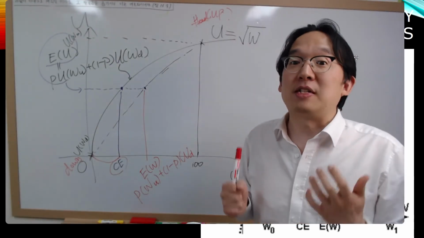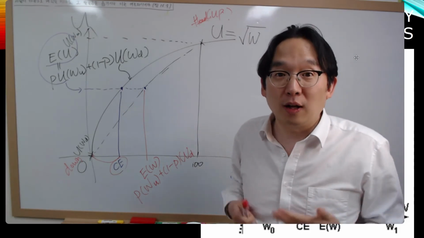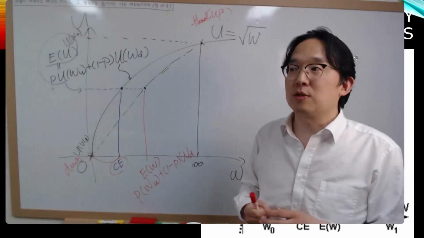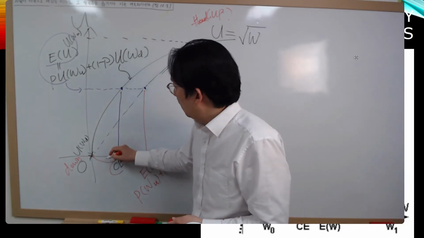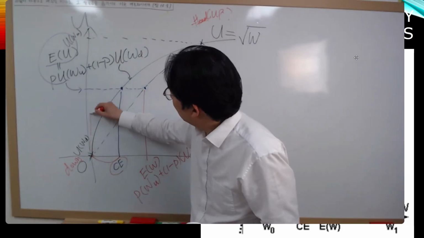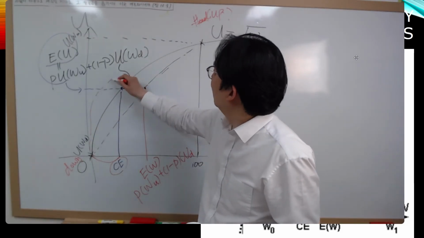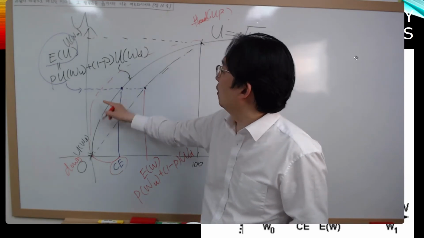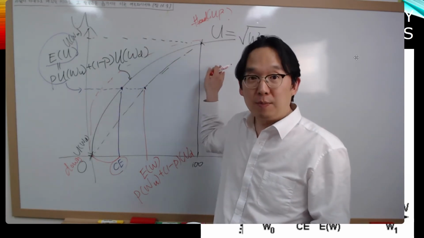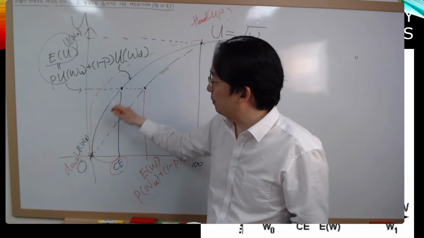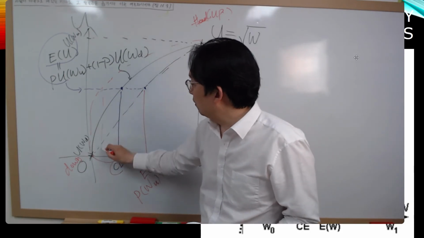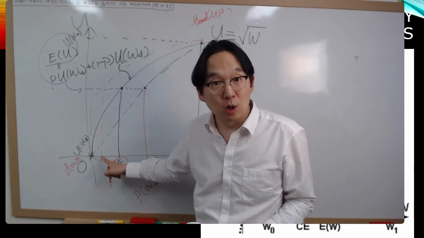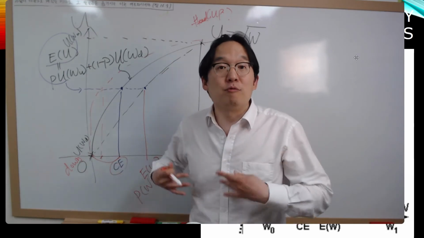I want a safer life. 소확행. So much so that if you give me a small bit of amount, I would be equally happy. Some people will have this kind of more concave shape as opposed to other people, right? Certainty equivalent will be so much smaller, okay? A lot more risk-averse person.